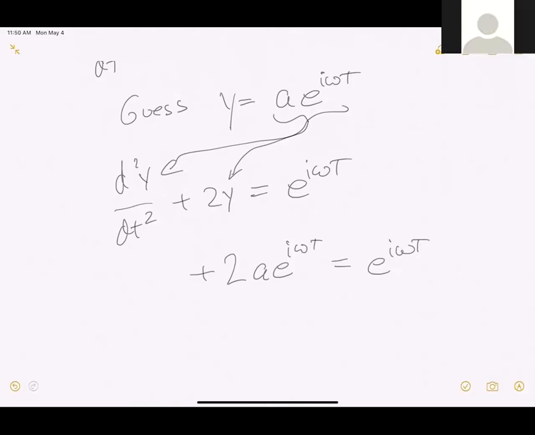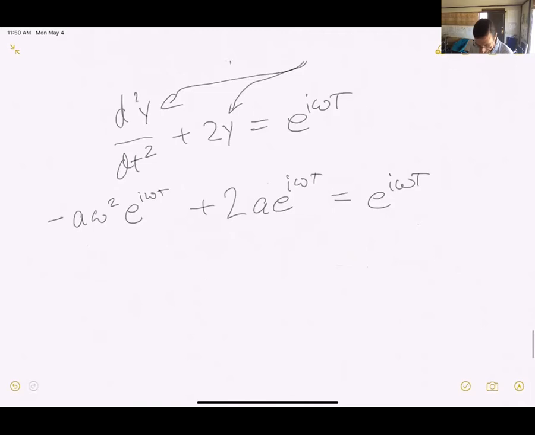Is it a times i squared omega squared e to the i omega t? Yep. Now what's i squared? -1. Good. So we get negative a omega squared e to the i omega t. Everybody see where that negative sign comes from? Because we have an i squared, which was a -1.